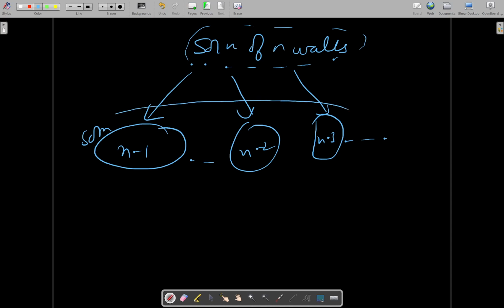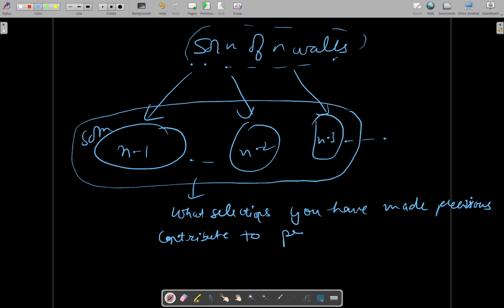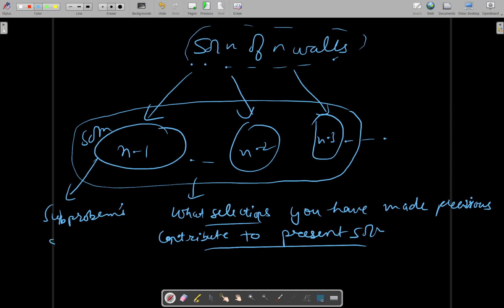So the selections you have made previously contribute to the present solution, and these subproblems' solutions can be combined to form the solution for the bigger problem.